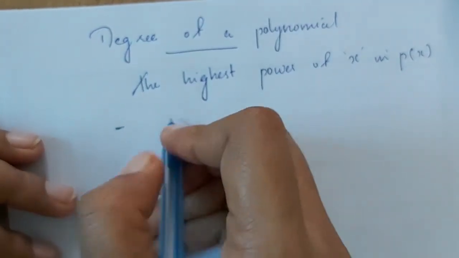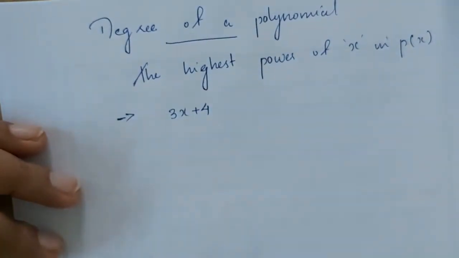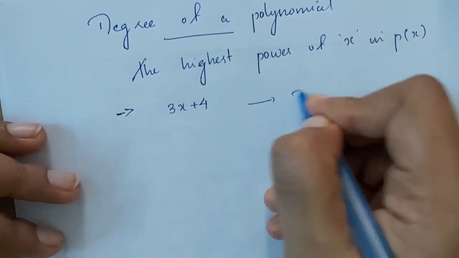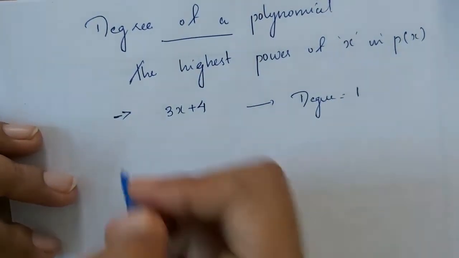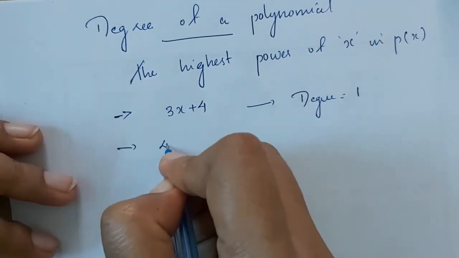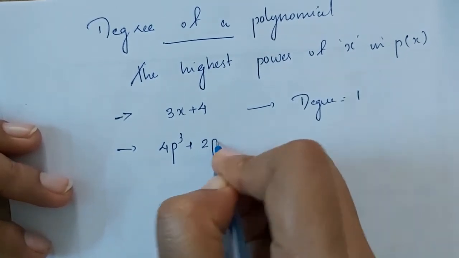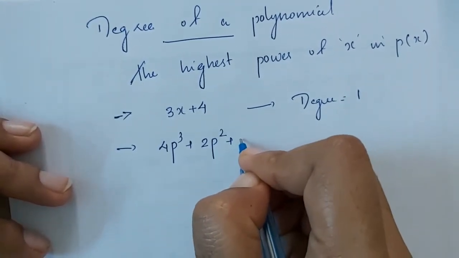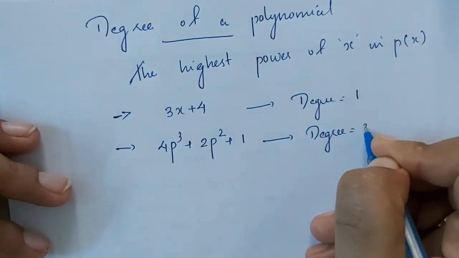For example, consider 3x plus 4. Degree is equal to 1. Second case, 4p raised to 3 plus 2p square plus 1, degree 3.